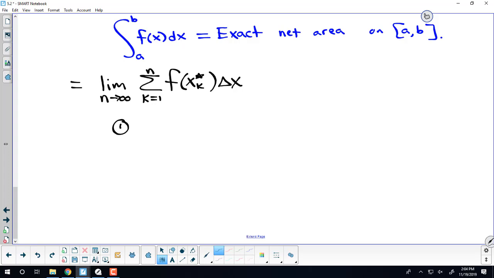We've kind of mentioned some of this and saw it unfold in 5.1, but when we computed the f of x star sub k times our delta x, what we ended up with there is virtually a function of k, or a function that involved the variable k.